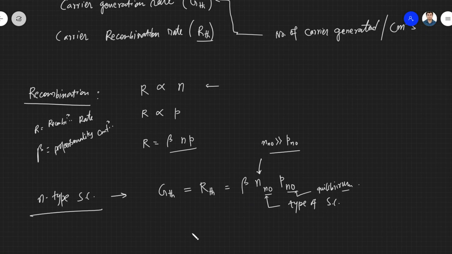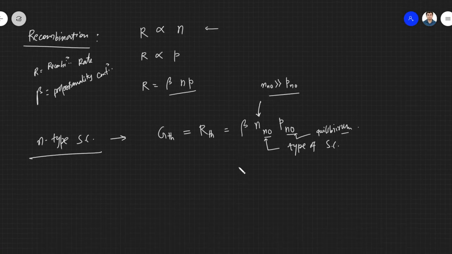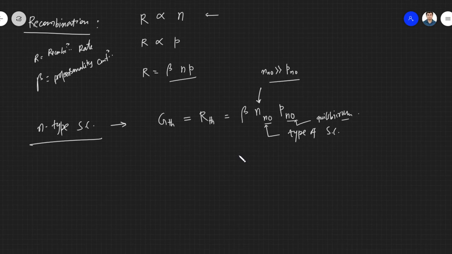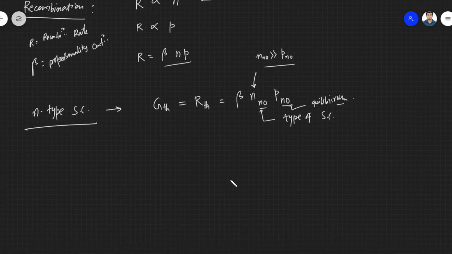In a similar way you can write it for a p-type semiconductor, so it will be p_p0 into n_p0. So this is at thermal equilibrium. Now let's try to correlate these equations at a non-equilibrium condition.